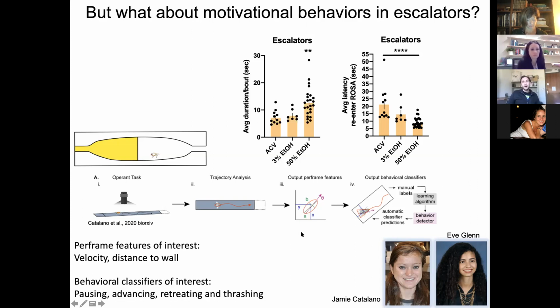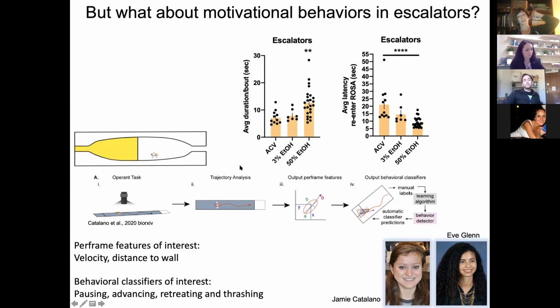And then another added benefit of using this machine learning pipeline is we can also look at behaviors that are classified by combining several per-frame features, including behaviors like pausing, advancing, retreating, thrashing, which from Jamie's data set from her open bar assay, she's shown that these behaviors seem to be really good markers for looking at motivational behaviors for ethanol.